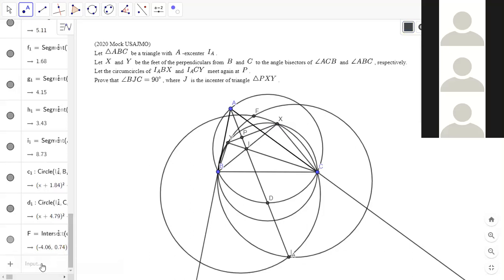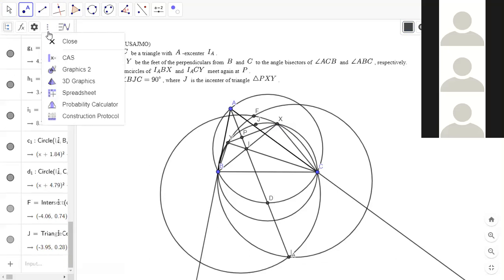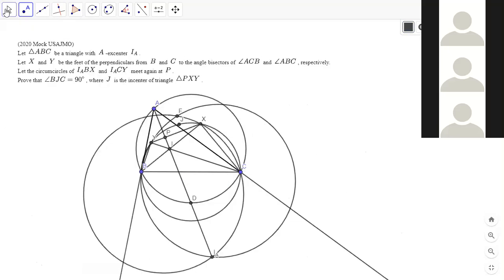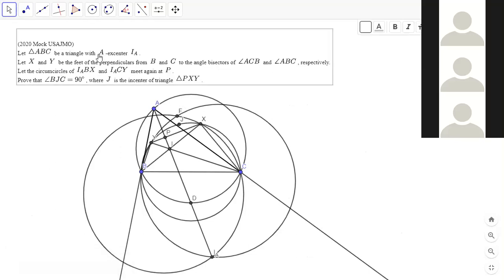Let's try it. So J is the triangle center of FXY, 1. Yes, okay, so it looks like that should be the problem. So yeah, there was a typo in it, but it should be IABY and IACX.